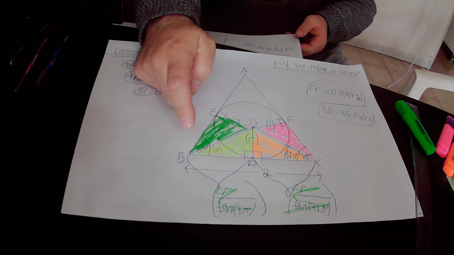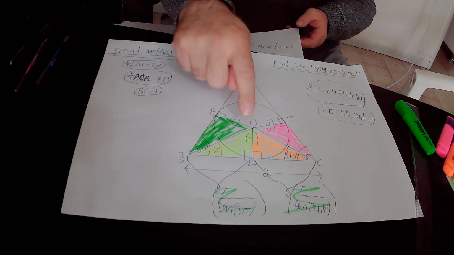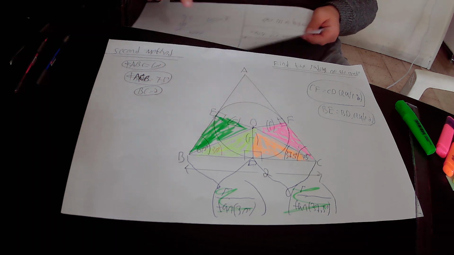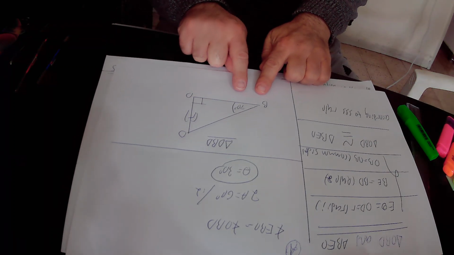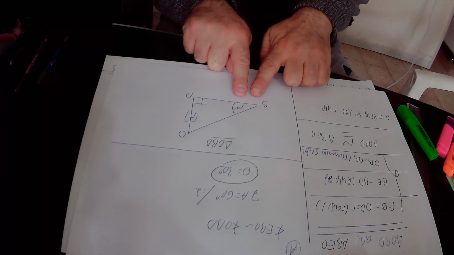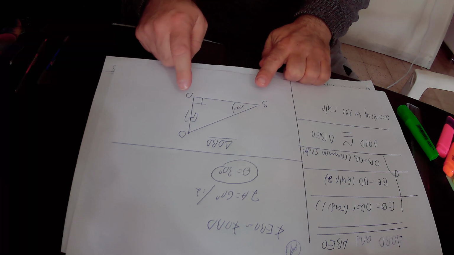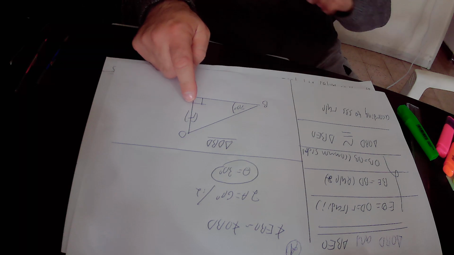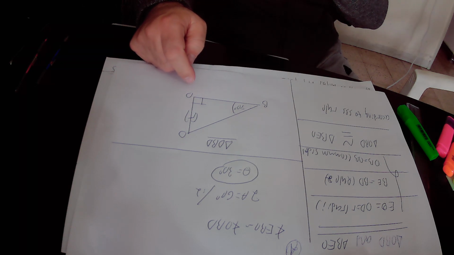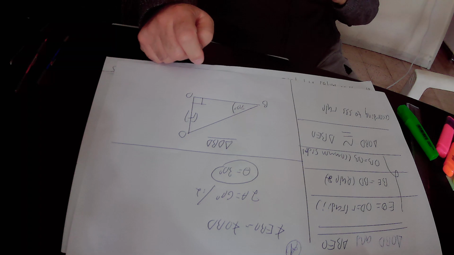Then I copied the yellow right triangle OBD onto a new page and we analyze this yellow right triangle OBD. This is the right triangle OBD that I copied from the original drawing. This is angle theta that equals 30 degrees. And side OD equals R, that is the radius of our circle. R is the radius that we are looking for.